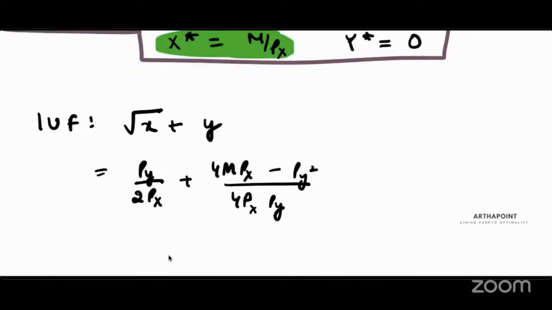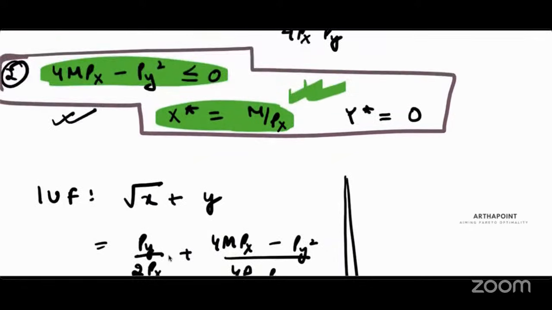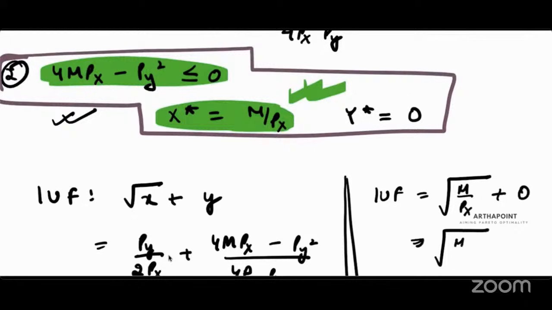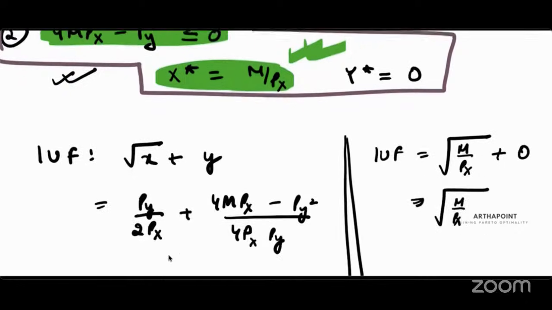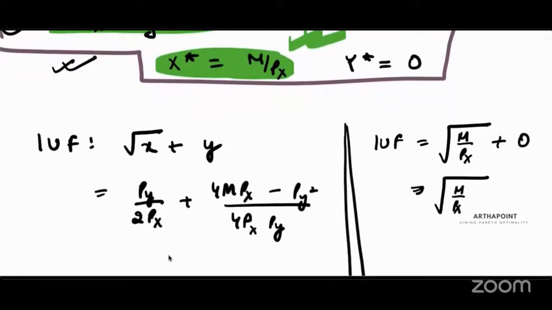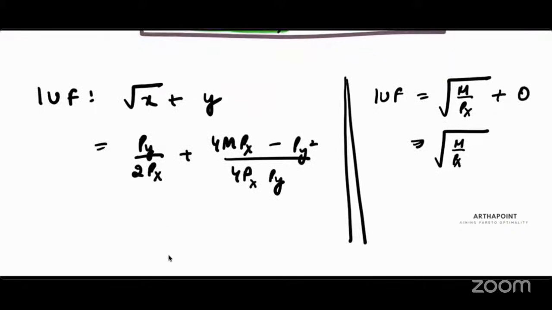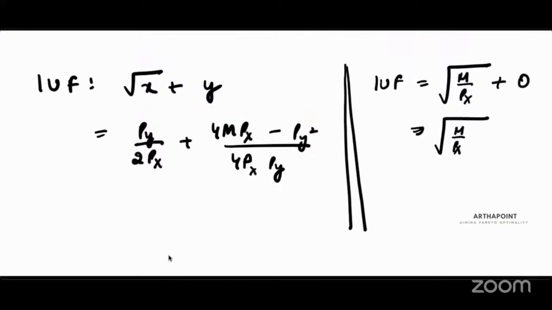This will be your indirect utility function. And in the other case, your indirect utility function will simply be root of m by px plus 0, which will be root of m by px. Root x plus y was your function, right? So this is your indirect utility function in the two cases. You can solve for income from both the sides and get your expenditure function.